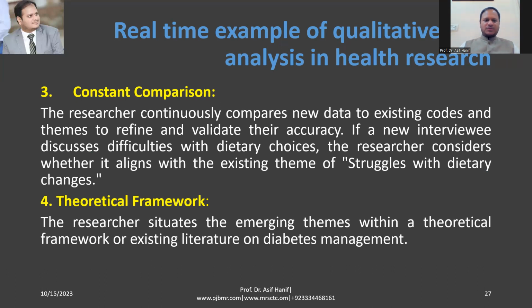If a new interview discusses difficulties with dietary choices, the researcher considers whether it aligns with the existing theme of struggles with dietary changes, and so on. He keeps doing this until the data is validated. Then the theoretical framework is made. The researcher situates the emerging themes within a theoretical framework from existing literature on diabetes management.